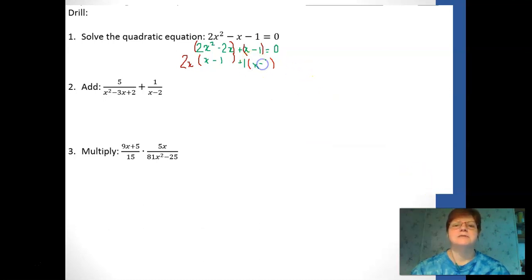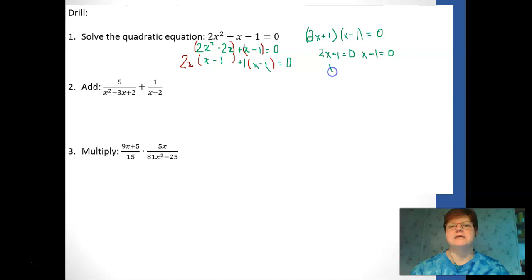So that's an x minus 1. Then when I finish my factoring by grouping, I have 2x plus 1 times x minus 1 equals 0. Setting my expressions equal to 0: 2x plus 1 equals 0, and x minus 1 equals 0.